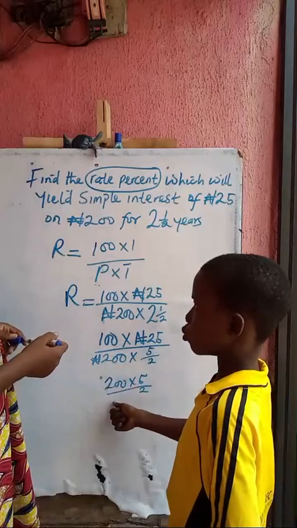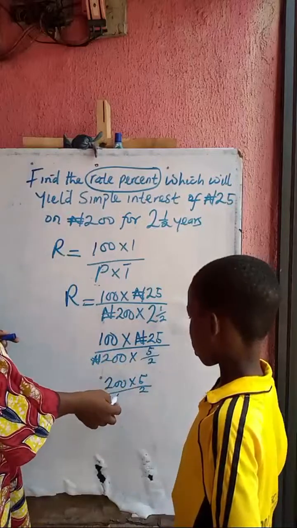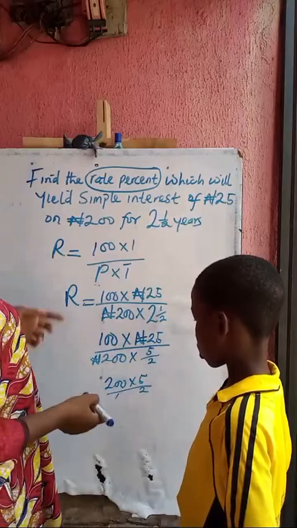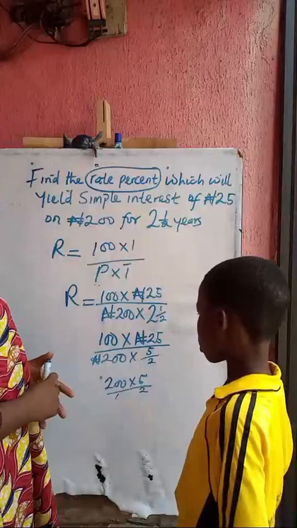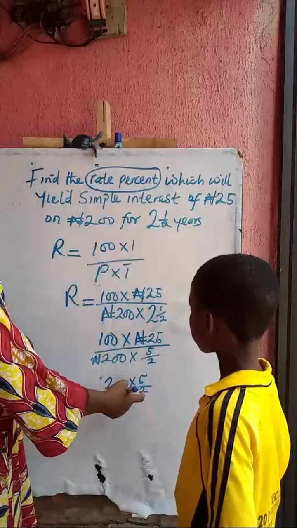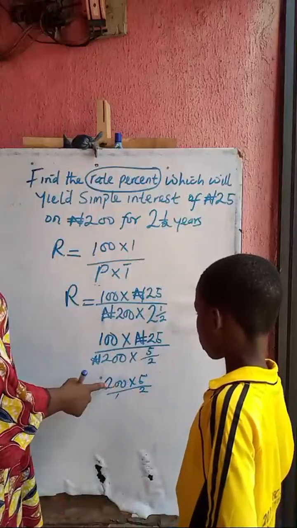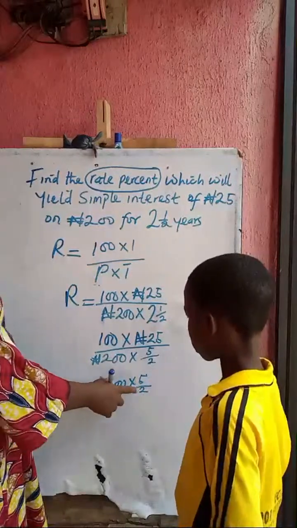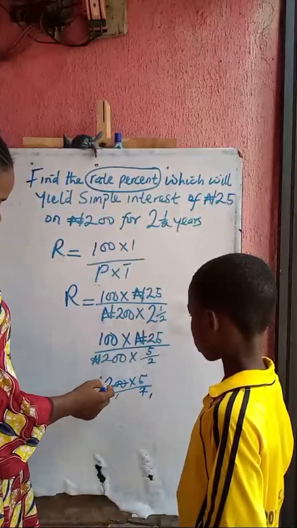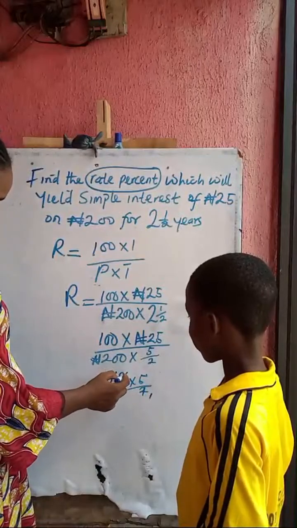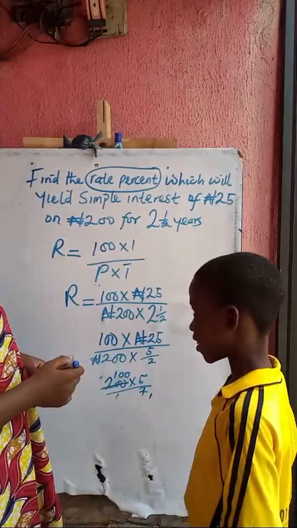There's an invisible 1 here, you may use it or you may not. Let's see if we can divide first before we multiply. 2 divides itself, which is 1, and 2 divides 200, which is 100.